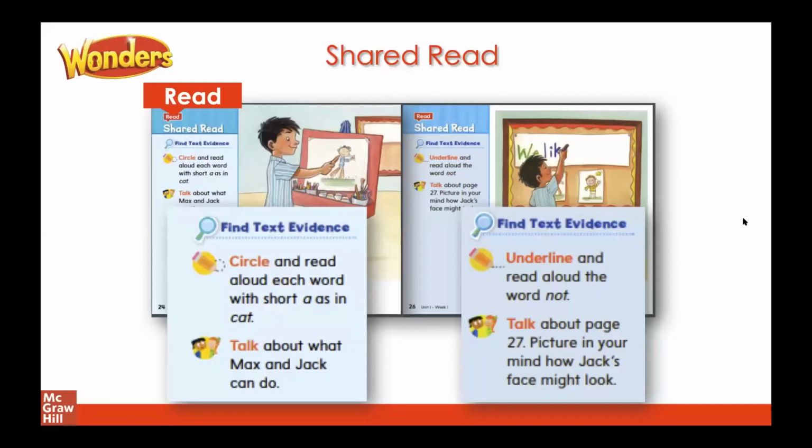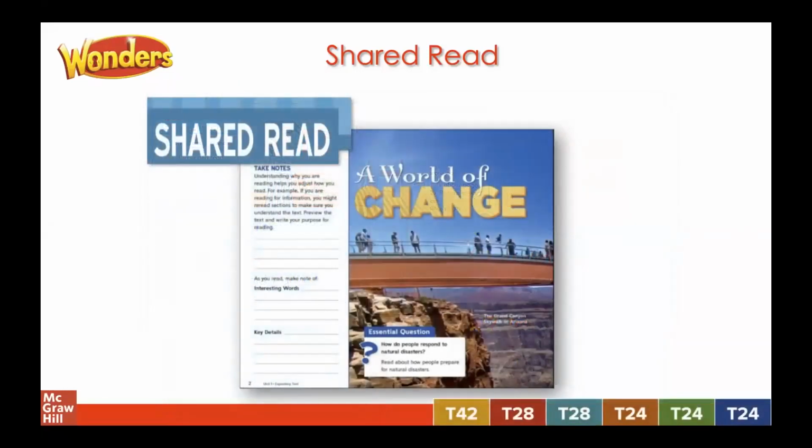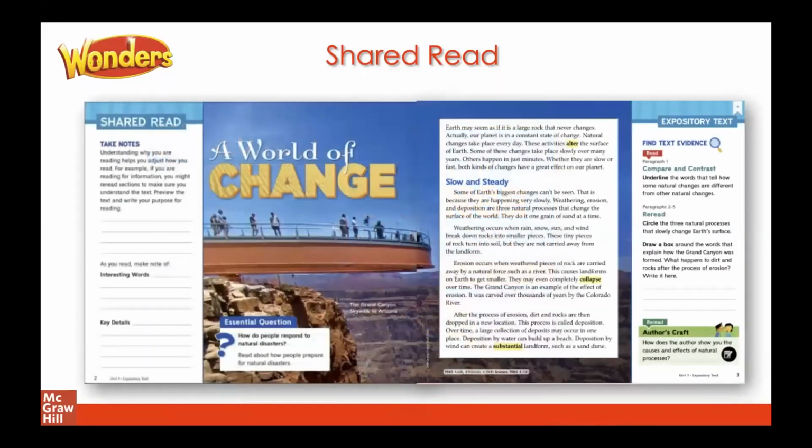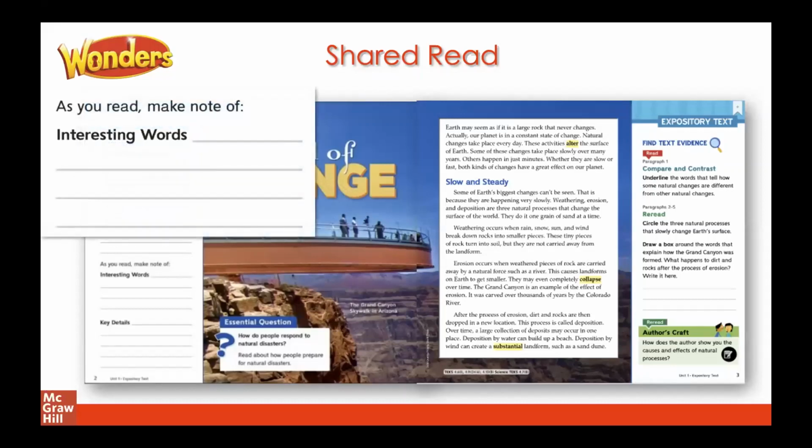As we look at upper grade levels, we're going to find that students are still experiencing that shared read with reading with a pencil. And so in the margins, we're going to be asking them questions about interesting words for themselves, things that they are noticing that would be something that they might want a little more information about or something that they're curious about.